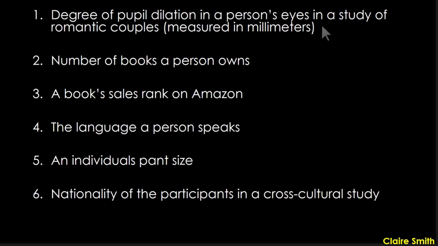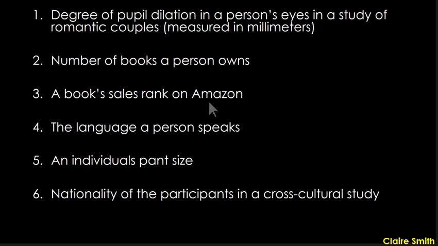Okay. Hopefully you paused the video. So the first one is going to be quantitative because you're measuring a number, and it's going to be ratio. Number of books a person owns, quantitative again, ratio, right? Because 0 means 0. There's 0 books. Book sales rank on Amazon, again, quantitative but ordinal, right?